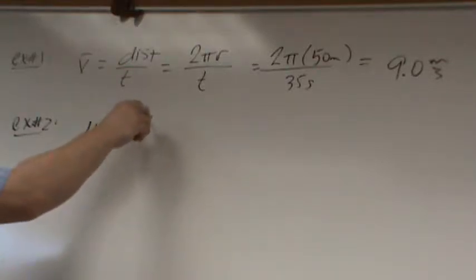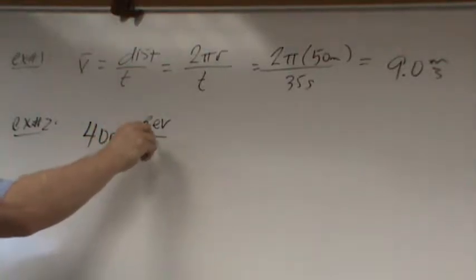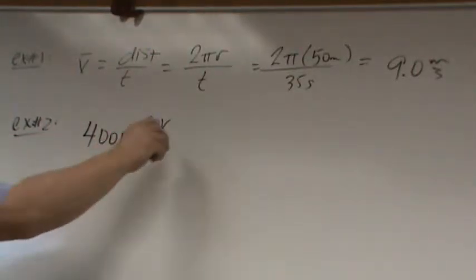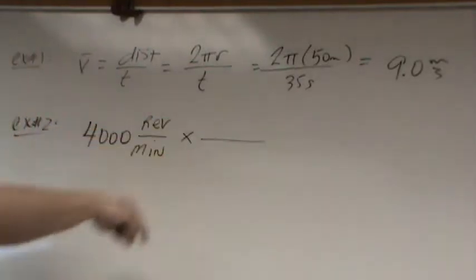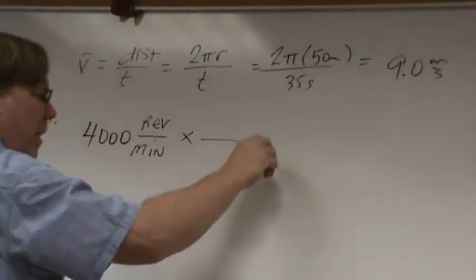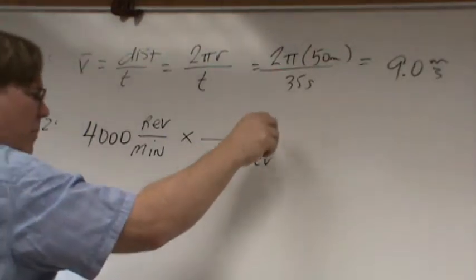And so you're going to use those units, revolutions per minute. And now I need to convert to meters. So I'm going to have a conversion factor that gets rid of revolutions. So tell me, where should my revolutions go, top or bottom? Yeah, bottom. I got 1 revolution, meters.